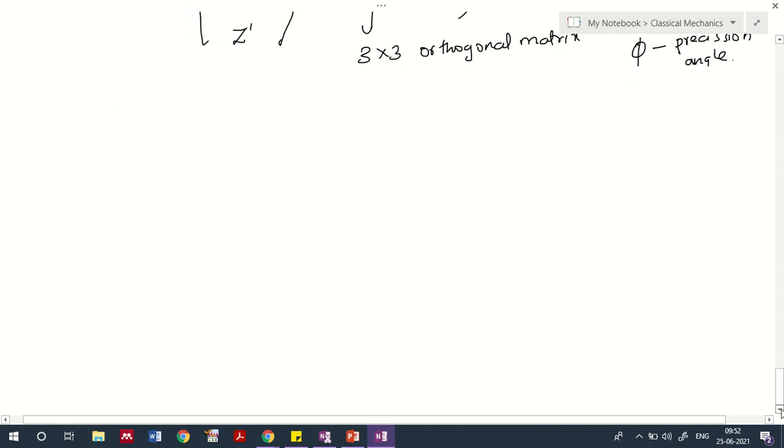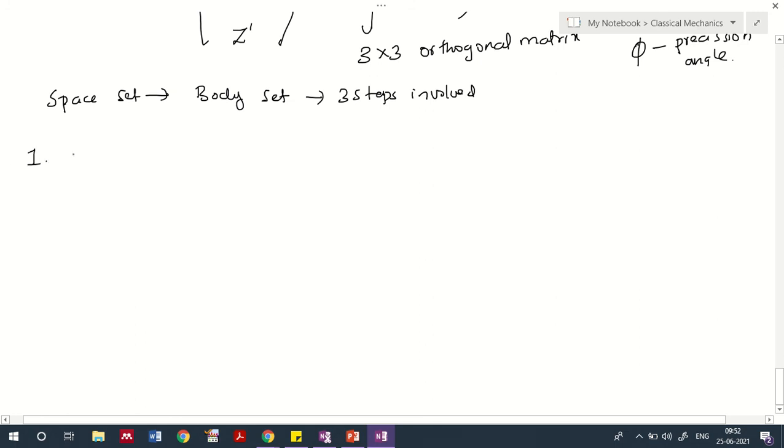In order to convert a space set of axes to a body set of axes using Euler's angles, there are three steps involved in the process. We'll look into each step.